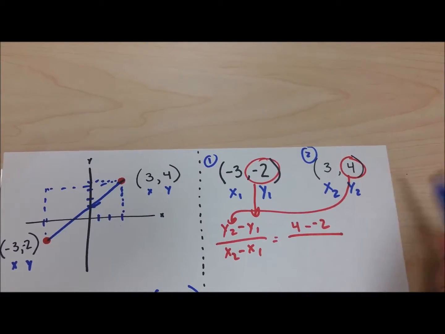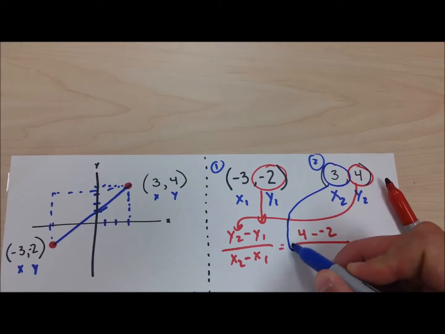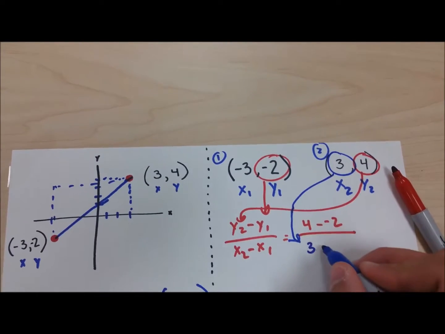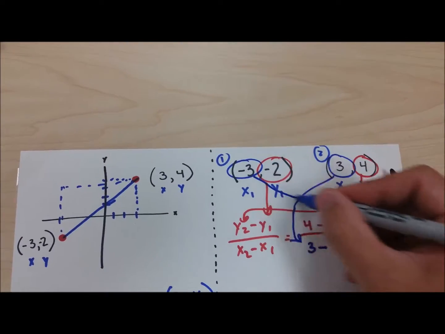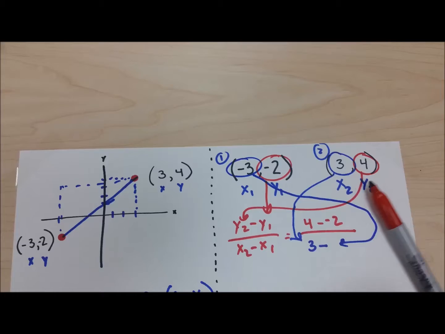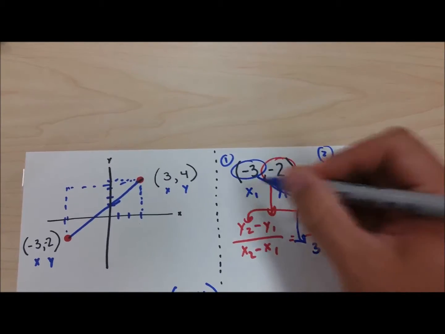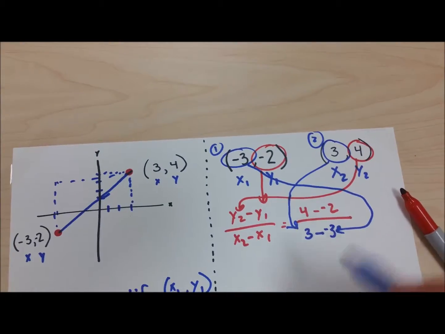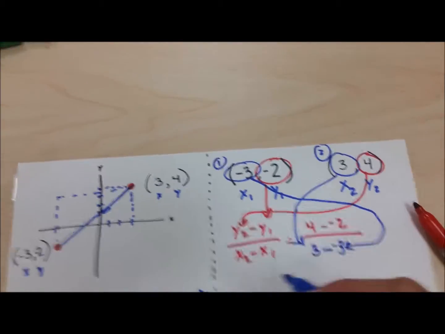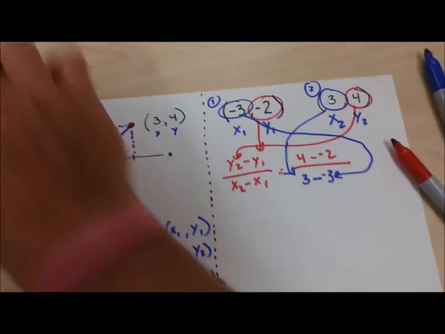Now we have our x2, which is this 3. We're going to put that on the bottom here. So we have 3 minus, and again, we also have a negative over here, so we have -3. We have 3 minus -3. Now what we have here are 2 subtraction problems over top of each other to create this fraction.